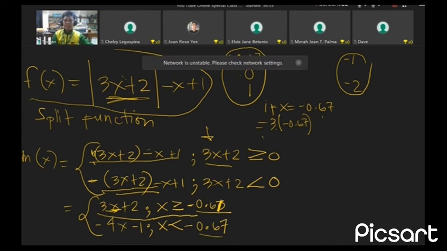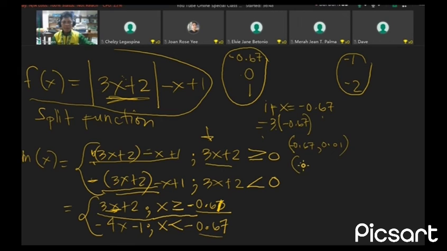If x is 0, your y is positive 2. If your x is 1, your y is 5. Thus the graph looks like this.